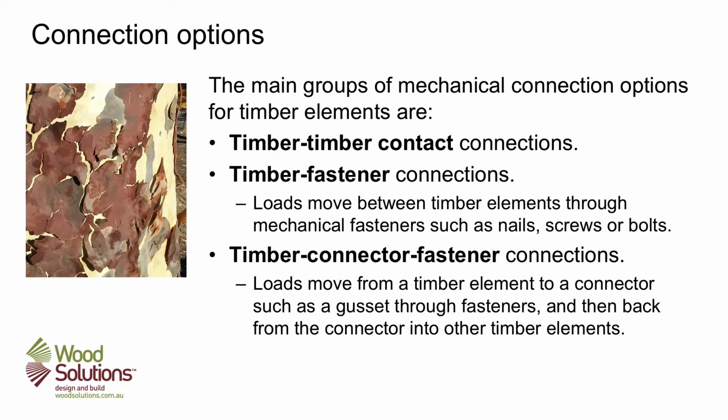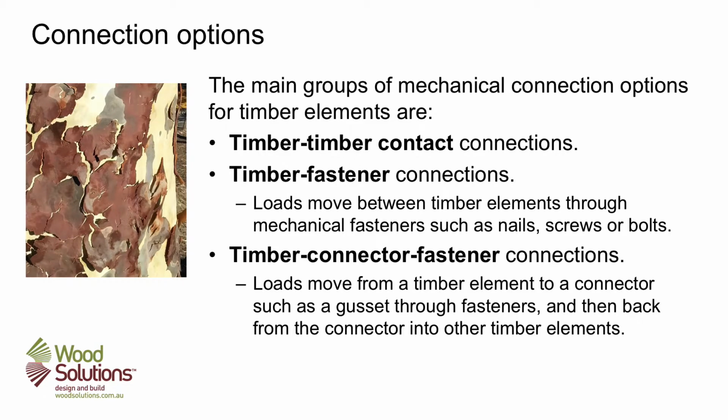There's basically three major types of junctions, of connection systems. One is you can have a connection where you've got timber on timber. The next is you've got timber that's joined with fasteners. And the next is you've got timber, you've got a connector, and then you've got fasteners.